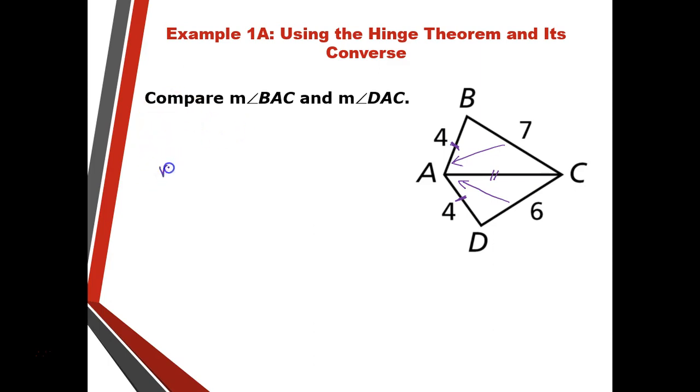So let's write it out. Measure of angle BAC, and let's skip a little space here. We can say that the measure of BAC, which is the one that's opposite of the larger side, must be greater than the one that is opposite of the smaller side.